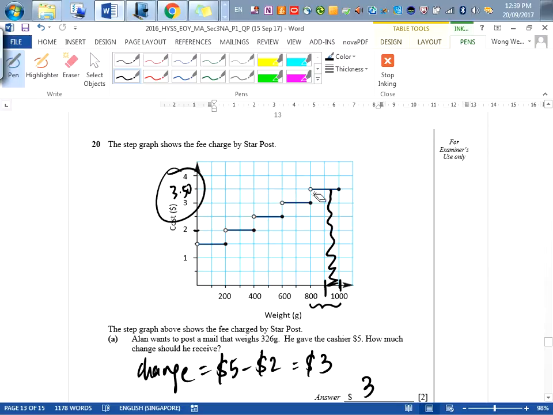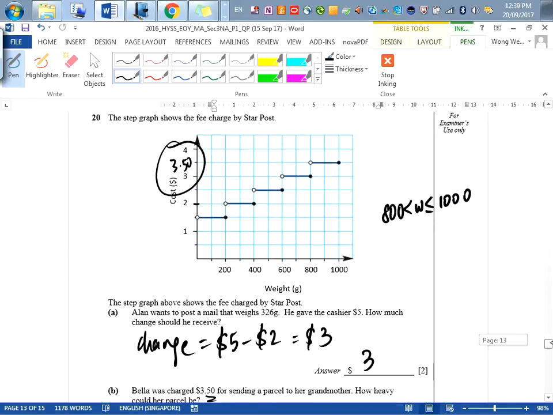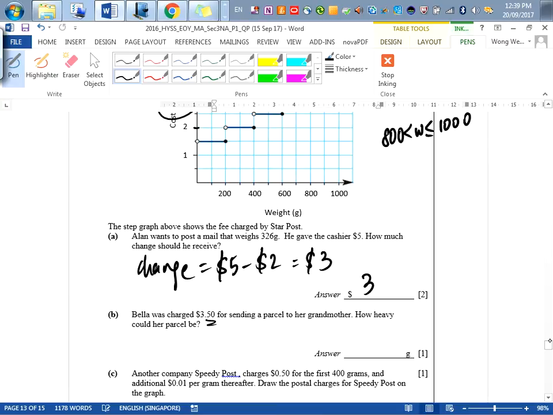The range that we will accept will be anything between 800 for the weight all the way until 1000. Okay? So your answer could be 801. It could be 900. It could be 1000. It could be 800.05, so on and so forth.